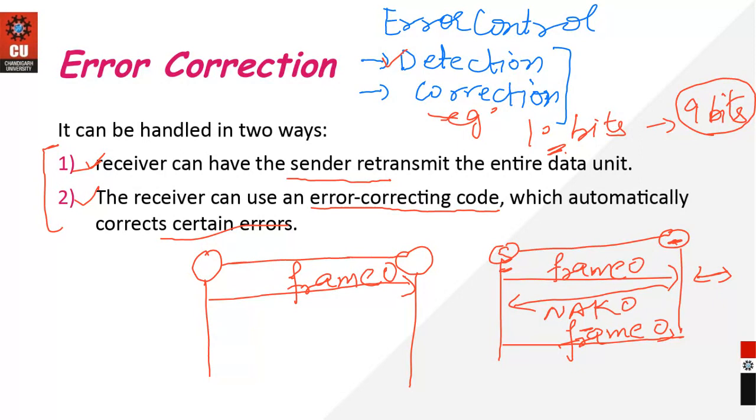The sender sent 10 bits of data, out of which 9 bits are corrupted. If 9 bits are corrupted, then it will be a complex task for the receiver to correct that error. So what is better?